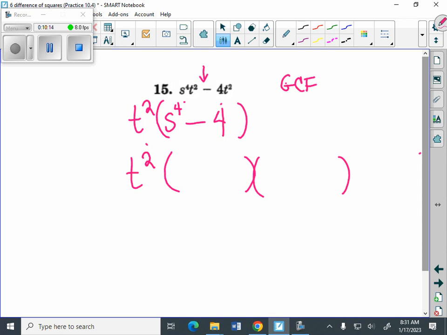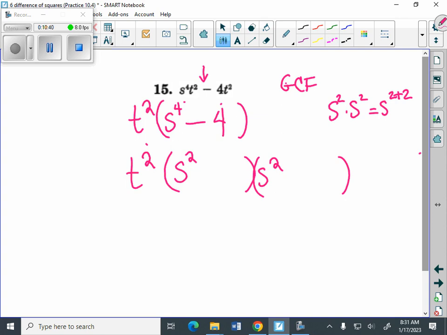And remember, when we split these up, we want the same values in each. So to split up s to the fourth, let's do s squared times s squared. And just a reminder, when you multiply with exponents, we add the exponents. 2 plus 2 is 4, so that's correct.